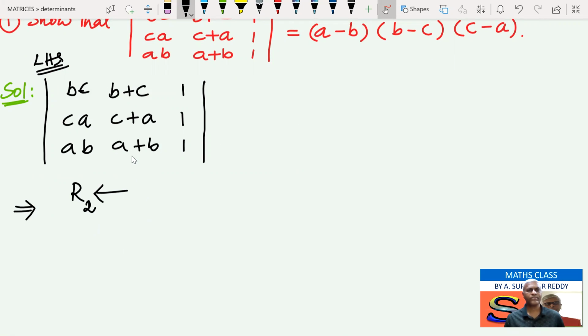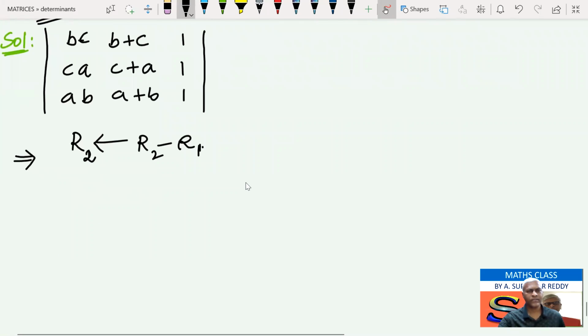The transformation is R2 minus R1. And we are writing the first row as it is.